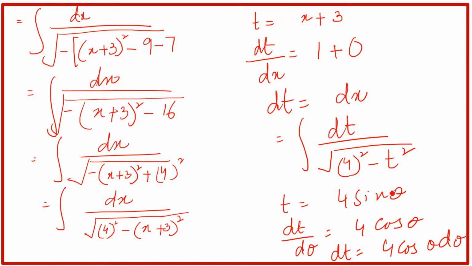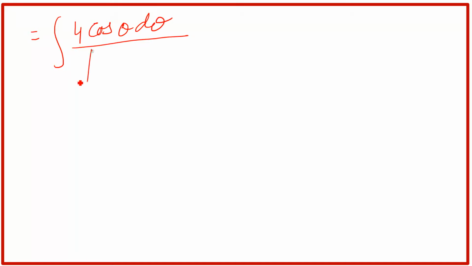Now we are going to put the values. It is equal to 4 cos theta d theta divided by the square root of 4 square minus 4 square sine square theta.